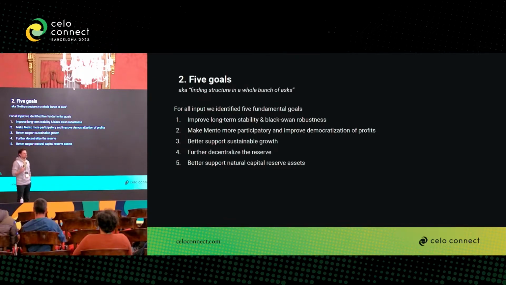Third, we want to better support sustainable growth. It's clear that, for example, potential institutional partners have very specific requirements, maybe on the stability mechanism.